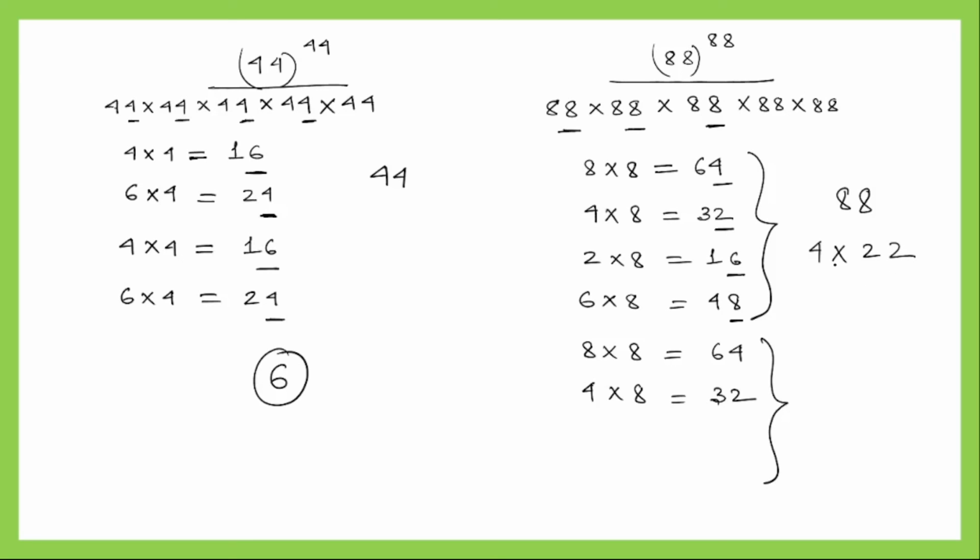So it is a multiple of 4. So what we have to focus on is the digit at units place after a multiplication of a multiple of 4 numbers of 88. We can say that at the end of this multiplication, the digit at units place will be 6 only.